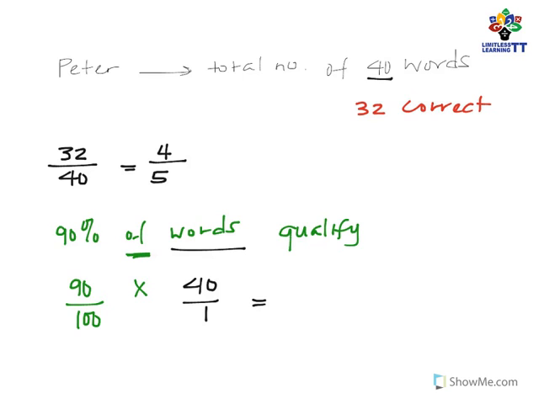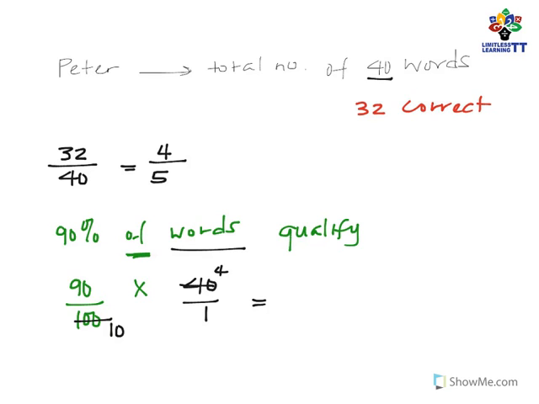So I am going to reduce or look at ways to reduce my numerators and denominators by looking at factors that are common to both. I'm looking at 40 and 100. I can divide both of them by 10. 40 divided by 10 is 4. 100 divided by 10 is 10.